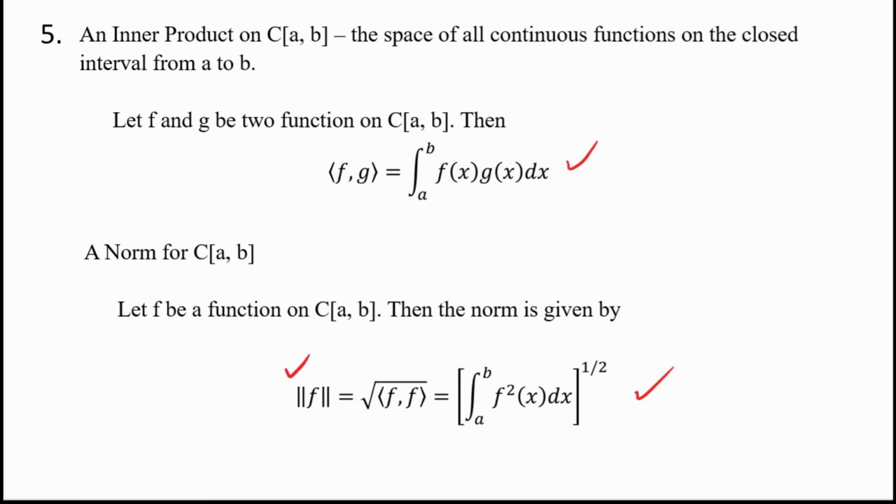So the norm of a function f is simply, by definition, the square root of the inner product of the vector with itself. And so if we have the inner product of f with f, or f comma f, that becomes the integral of f of x times f of x. So that's how we get f squared x dx.